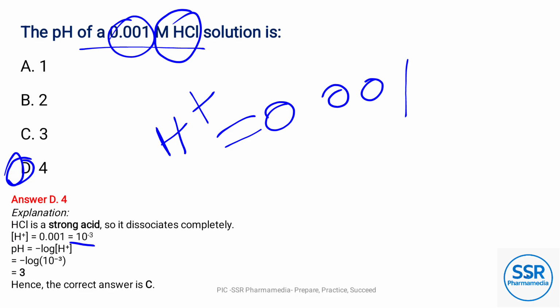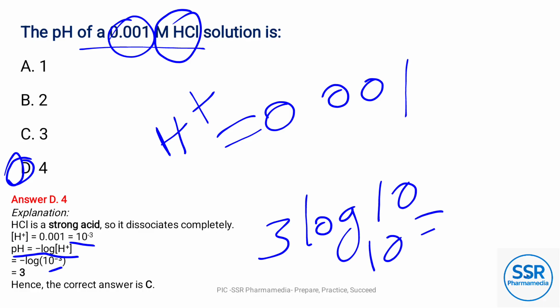Here log 10 base 10 is equal to 1, so the exponent 3 remains. The negative signs cancel, so it gives 3. So the correct answer is 3, not 4. In this solution, pH is 3.